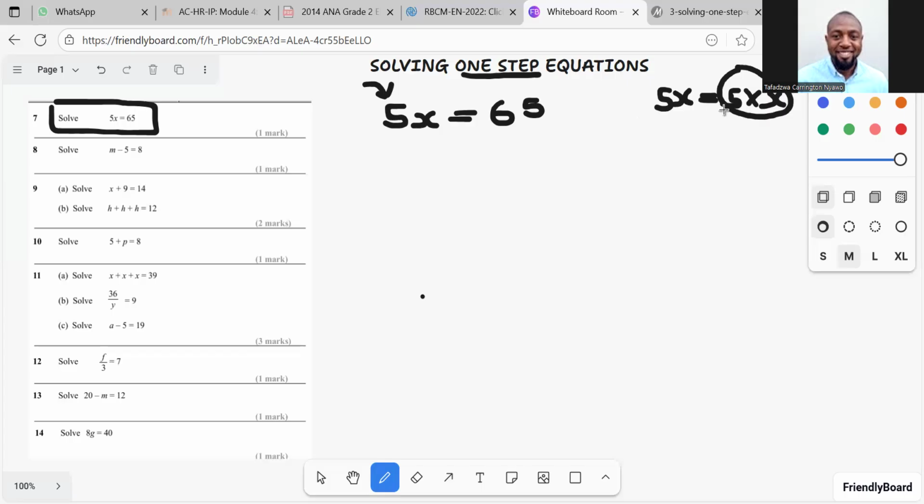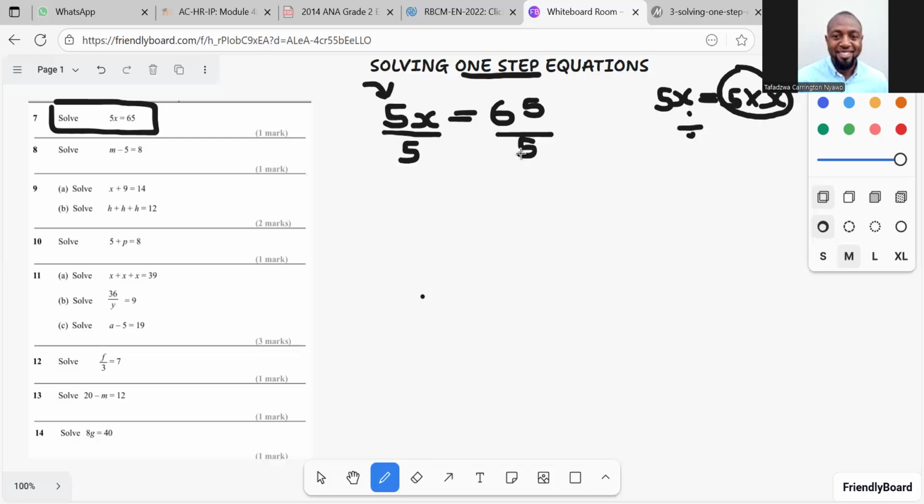So what is the inverse of multiplying? It is division. So for us to remove this 5 from x, we need to divide here by 5. Then we also do the same here, divided by 5.